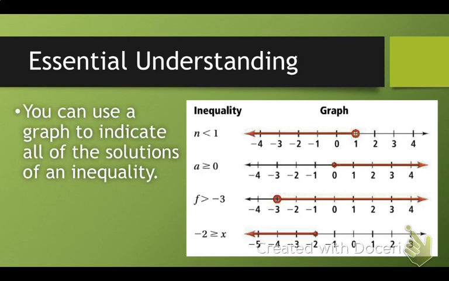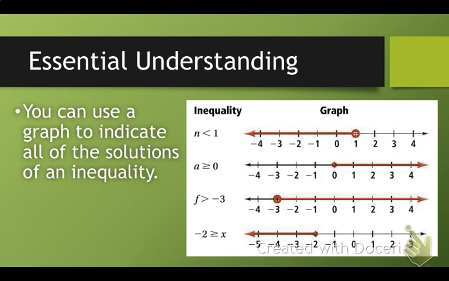So let's continue on here. Graphing an inequality. A lot of times we will see inequalities graphed to help us indicate all of the solutions that are possible in an inequality. So as you look at this here, n, or all numbers, less than 1. What that tells me is that any number less than 1 can fit into that inequality and be a solution.